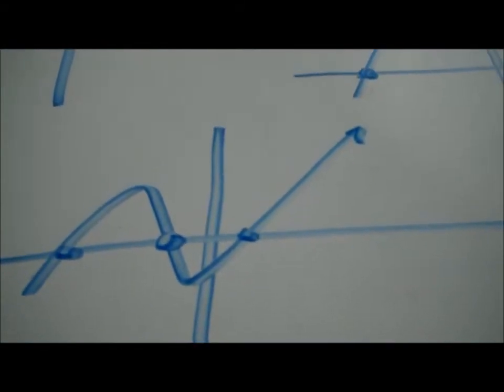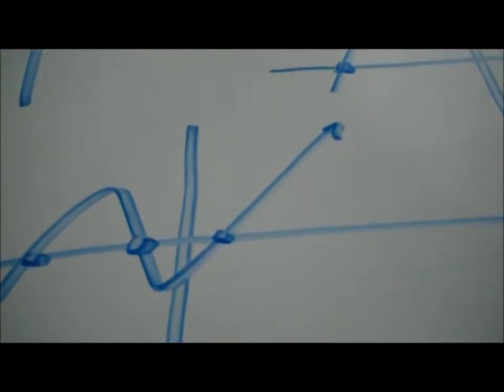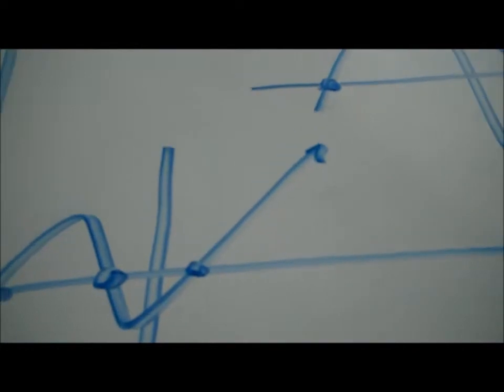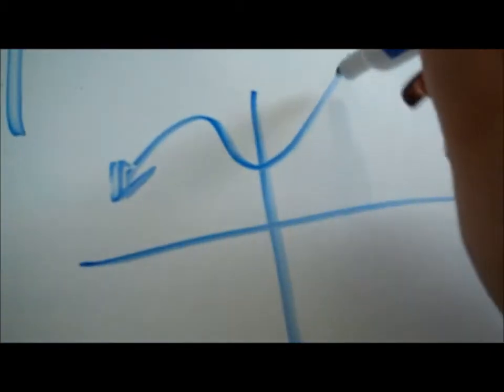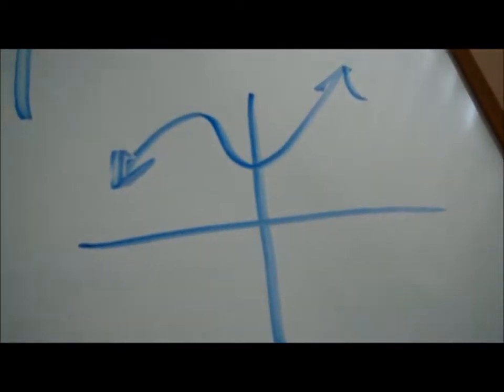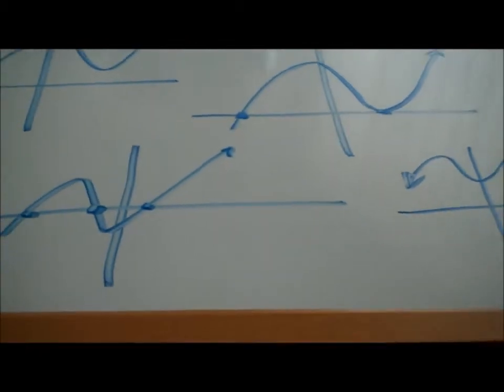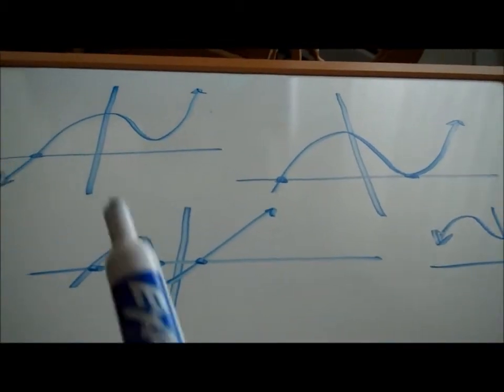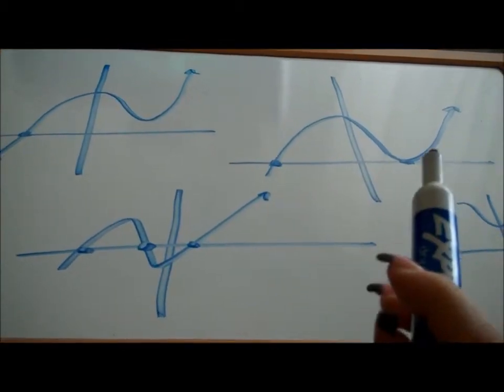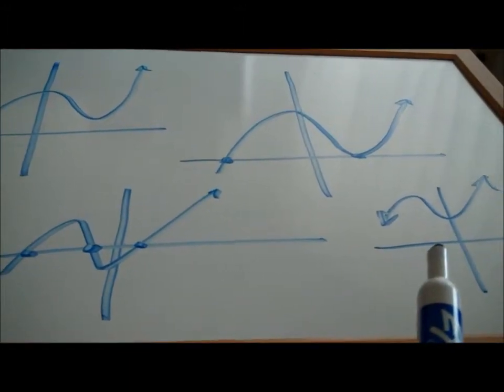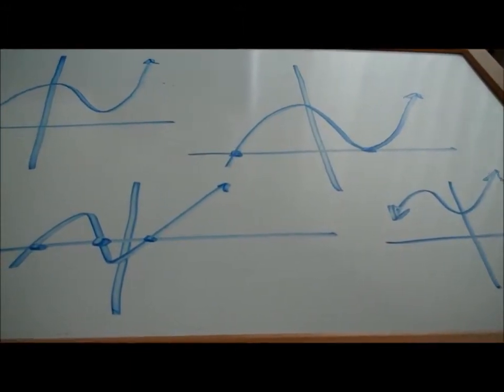Here we see that it could cross it 3 times, and then of course it could be raised something like this, where it doesn't cross the x-axis anywhere. So in this case, 4 different possibilities where it crosses it once, twice, 3 times, and then no times. So that would be a no solution on that one.